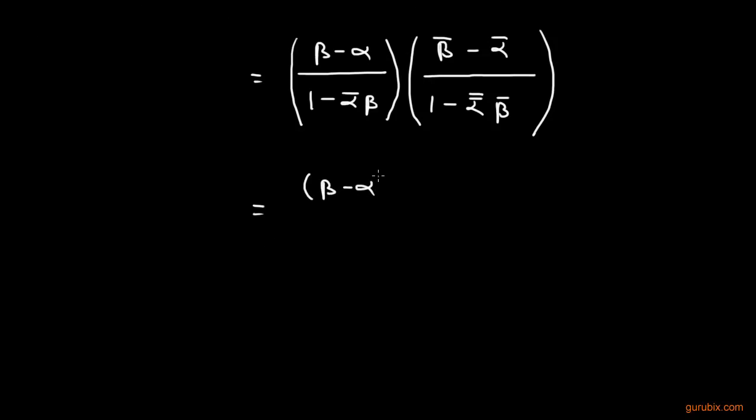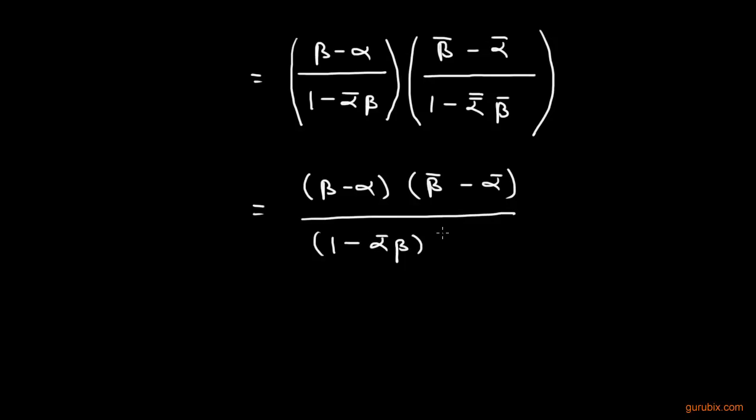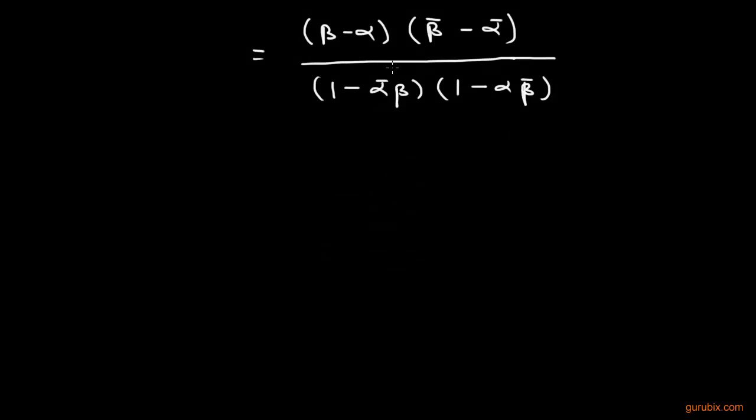So we get (beta - alpha)(beta conjugate - alpha conjugate) over (1 - alpha conjugate beta)(1 - alpha beta conjugate). Now we shall multiply these values in numerator and denominator.